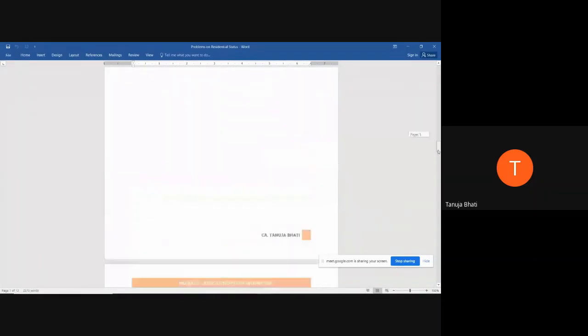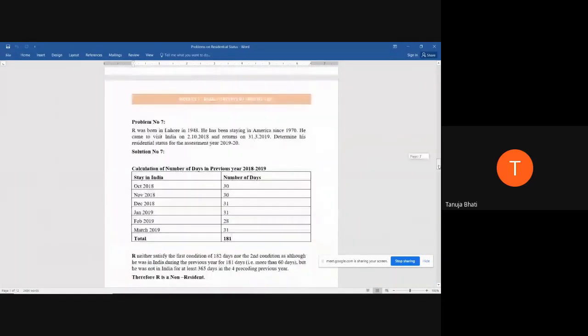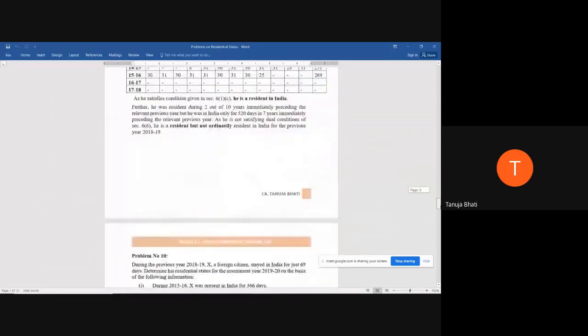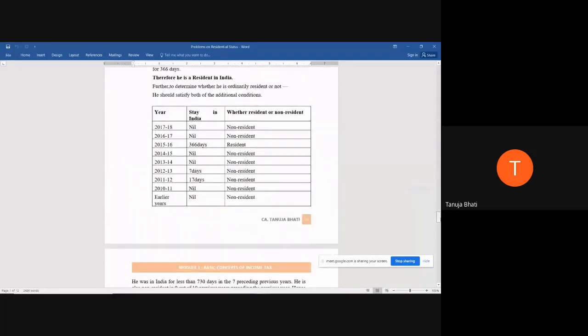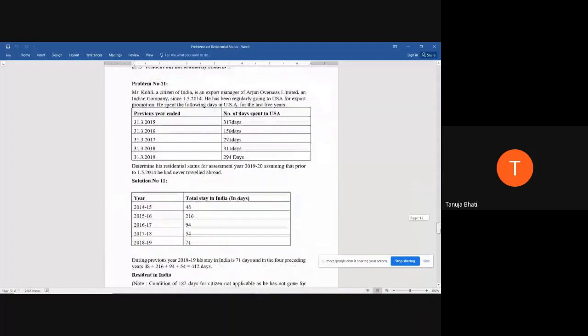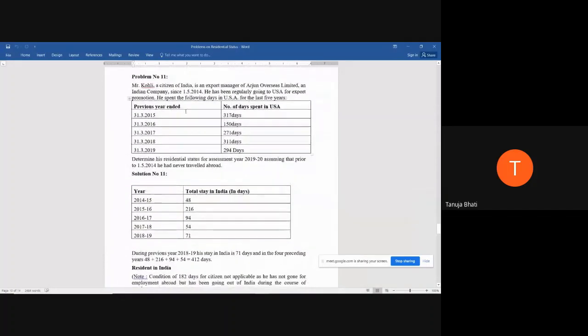So we had completed a total of 10 problems. Let us go to the 11th problem. Mr. Kohli, a citizen of India, is an export manager of Arjun Overseas Limited, an Indian company, since 1/5/2014.